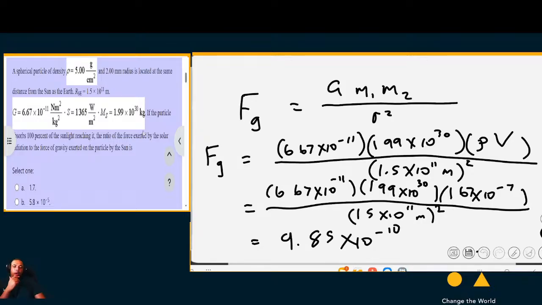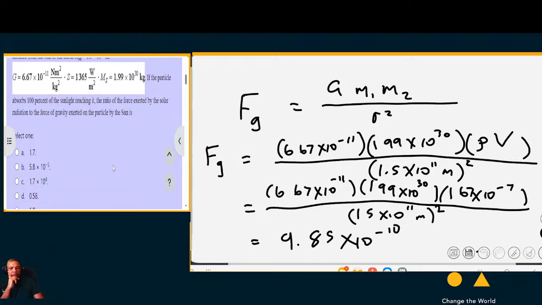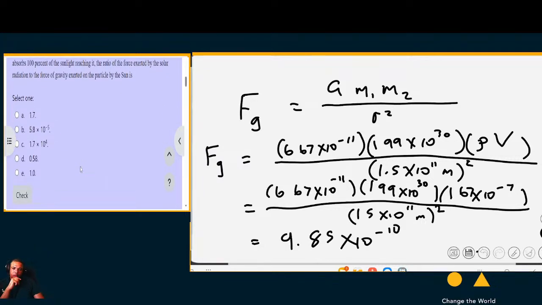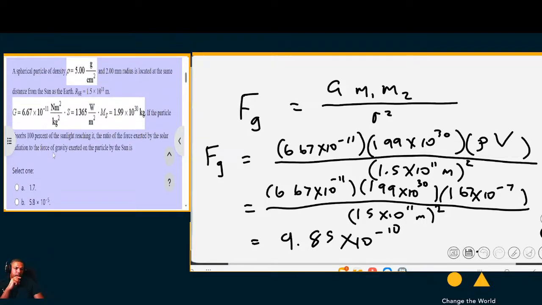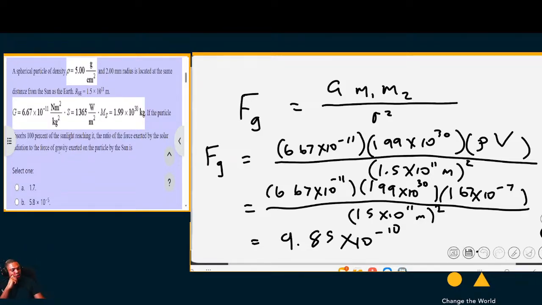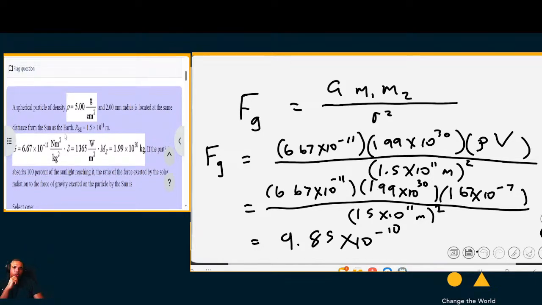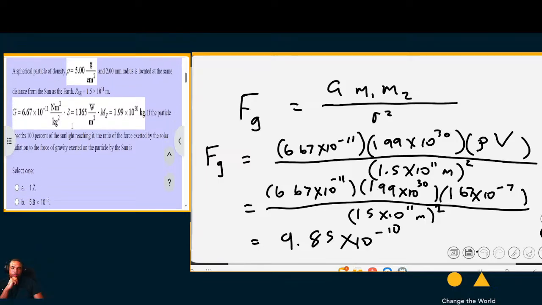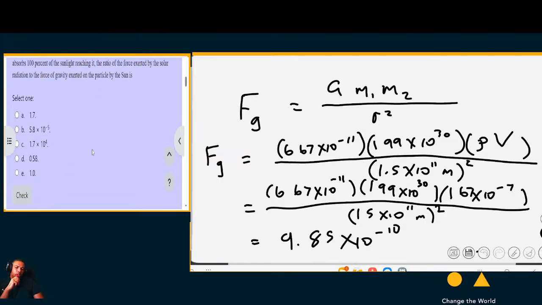Here is where I get a different value from what the actual answer is. Now I've spoken to colleagues about it. The correct answer should be 1.75 times 10 to the 4, but I do not get that answer. But you first have to calculate the force due to the radiation, and then the force due to gravity, and then find the ratio between those two.